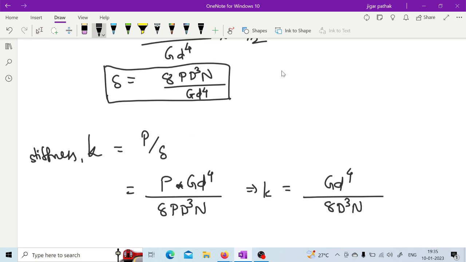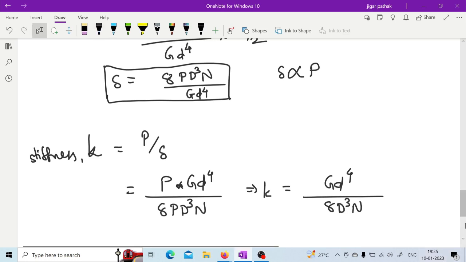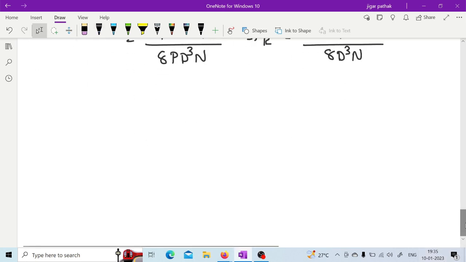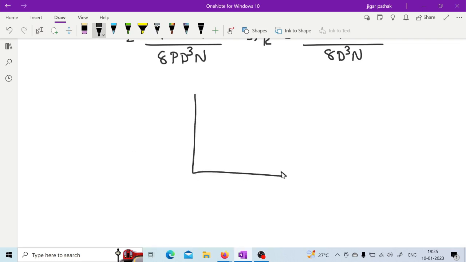As you can see, this deflection is proportional to the load applied. And from the load deflection curve, you can also get an idea about the strain energy stored. If you go for the load deflection curve, then as load increases, the deflection increases.